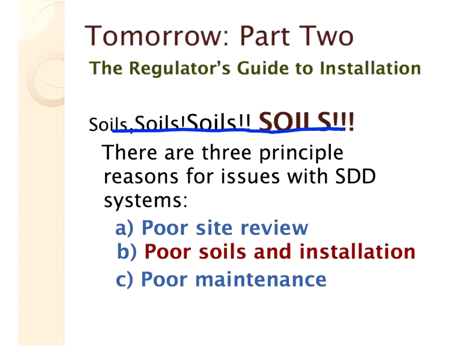It's done from Google Maps, from Google Earth. I mean, what can I tell you? Your regulators, I think you know this as well as I do. Poor soils and installation problems are the next problem.